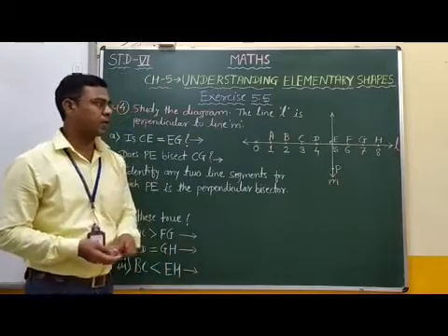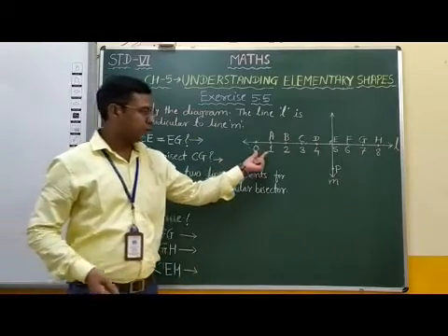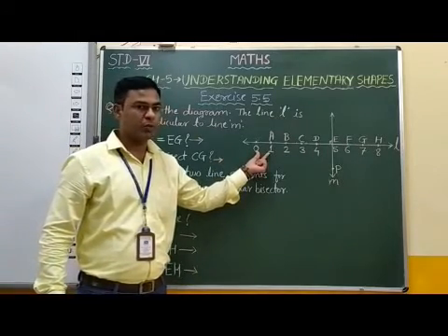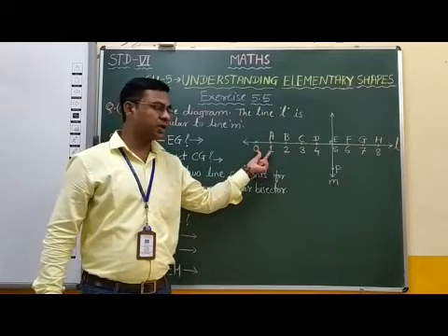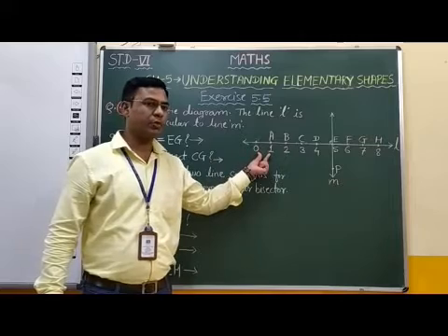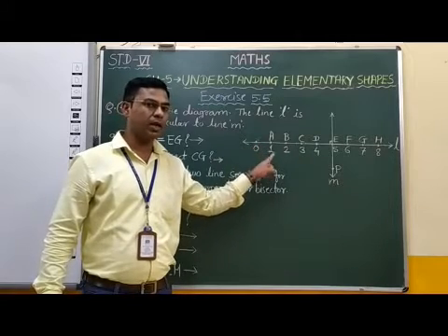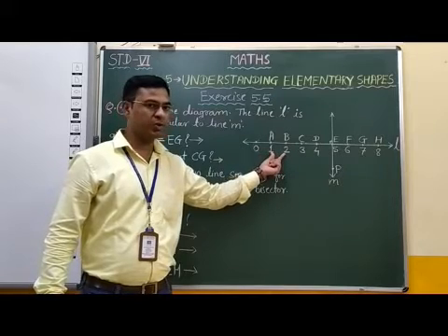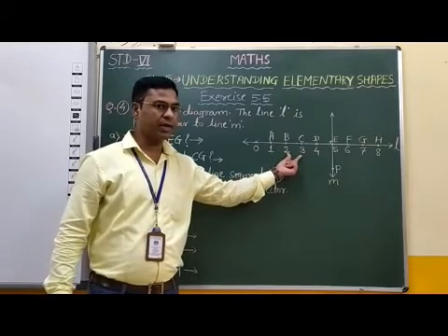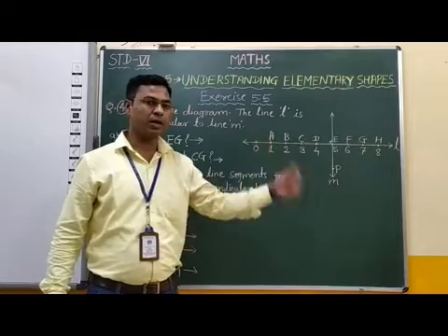Now, if we take two consecutive points, that is 0 and 1, then the distance between two consecutive points is equal here. The distance between 0 and 1, between 1 and 2, and between 2 and 3 are equal.